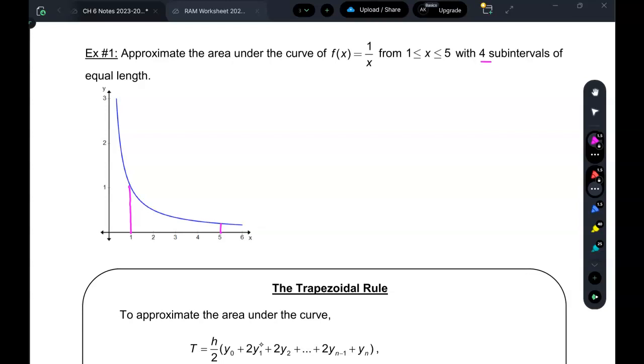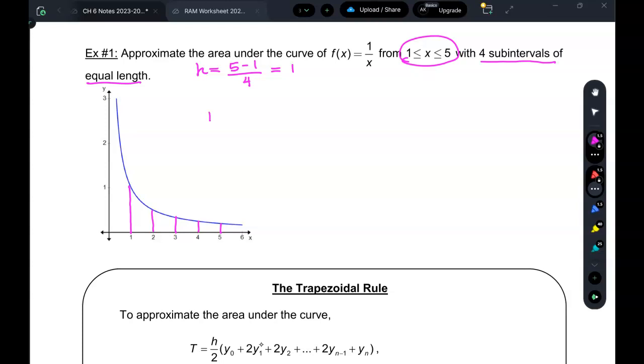And we want 4 subintervals of equal length. That means 5 minus 1 over 4, and we can easily see each of these subintervals will have a length of 1. So that's my height of each trapezoid.